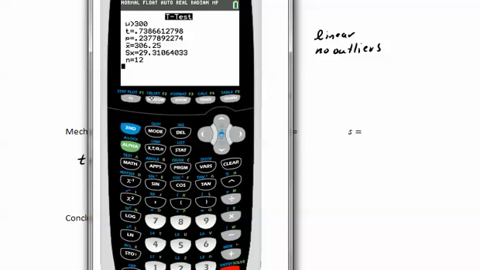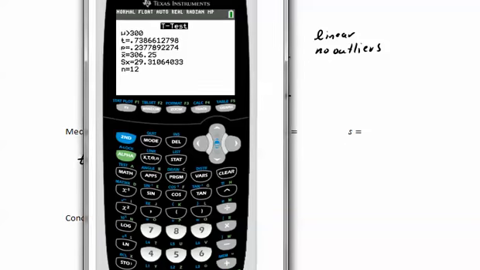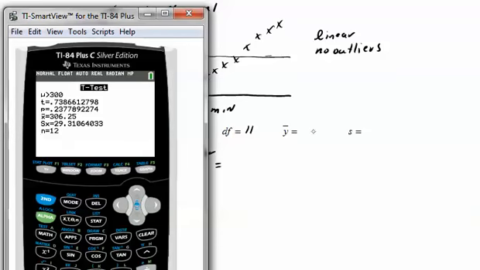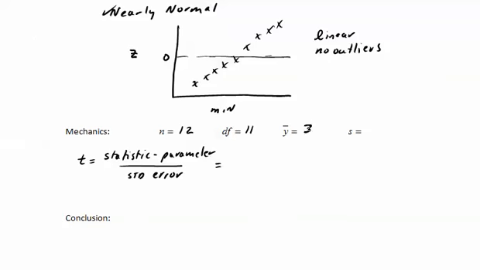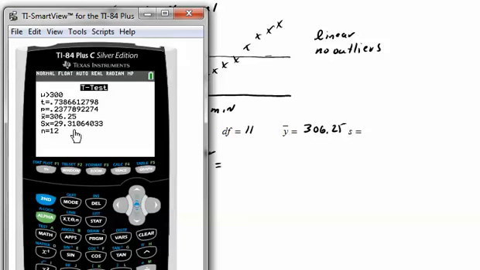And this screen then gives me everything I need to use, okay? So it is giving me my x bar, or my sample, right? That's the 306. It gives you your standard error, that's 29.31.